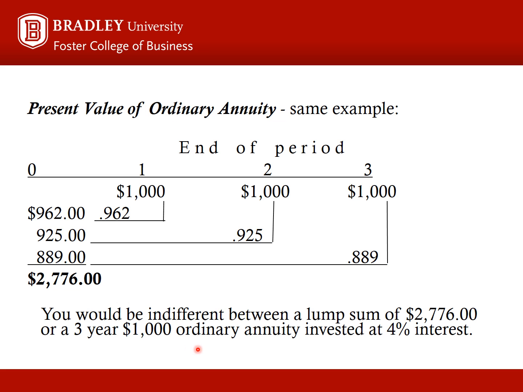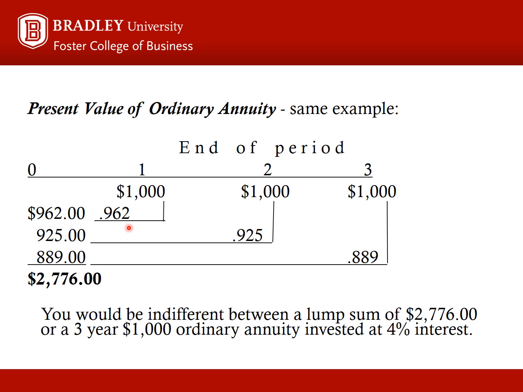All right, what about the opposite? What about present value of the annuity? So I take the same example, and this time we'll assume that the discount rate is 4%. And again, if we receive the first $1,000 at the end of year 1, the next one at the end of year 2, and the next one at the end of year 3, I can discount those amounts back to time 0.